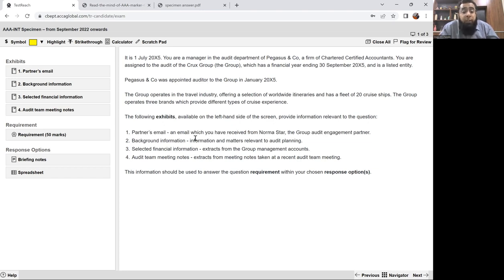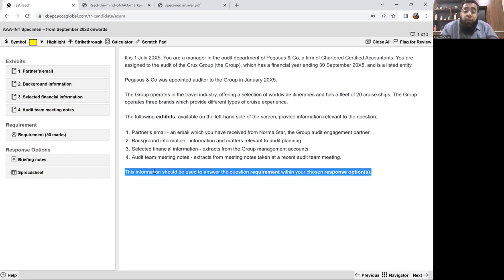Background information, information and matters relevant to audit planning. Selected financial information extracted from the group accounts. And audit team meeting notes, extract from the meeting notes taken at a recent audit team meeting. The information should be used to answer the question requirements within your chosen response options.